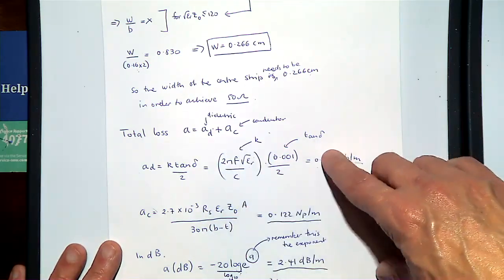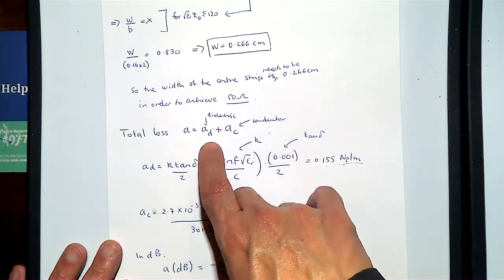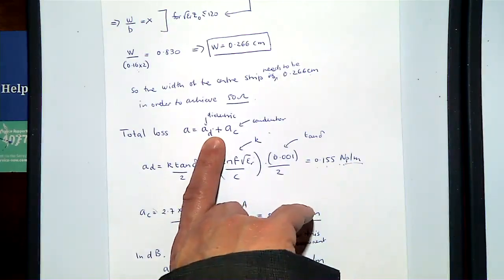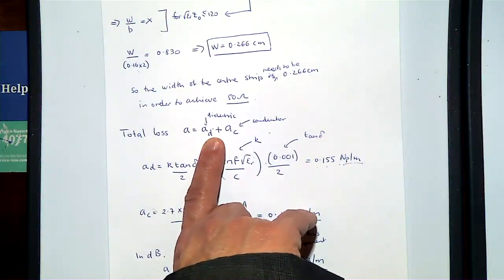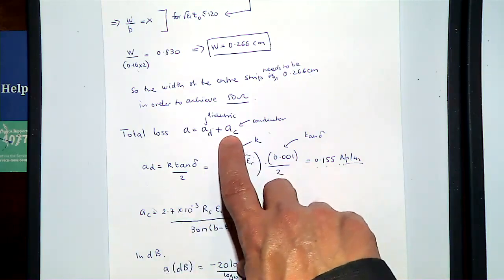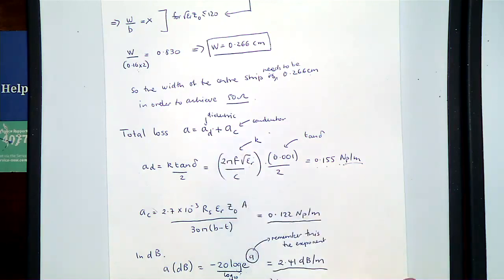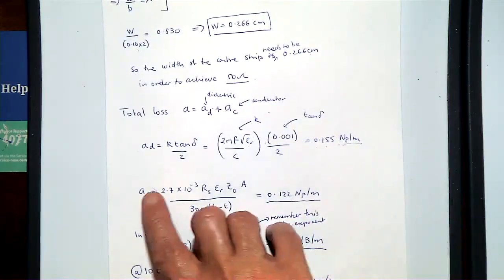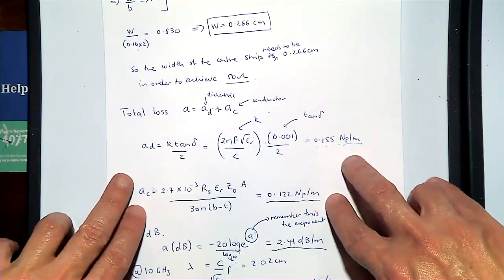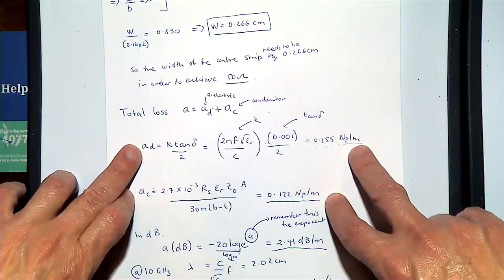And so what we essentially did was we substituted into the appropriate formulas for AD and AC. AD was just the dielectric loss, and we said that was essentially just K times the loss tangent. The loss due to the conductor was a much more complex formula, and we had that written down. And that gave us the total loss in nepers per metre for both the dielectric and the conductor loss.